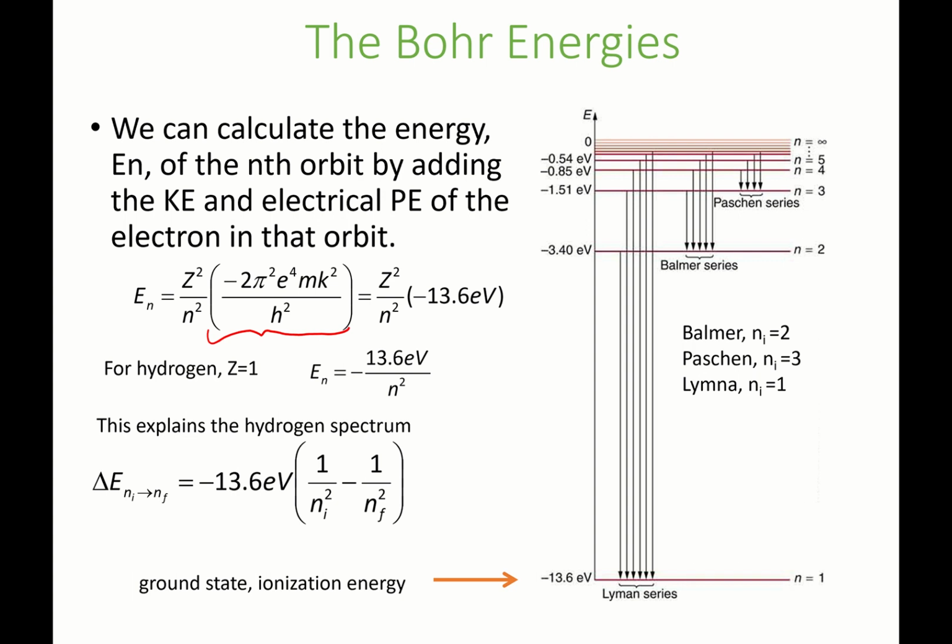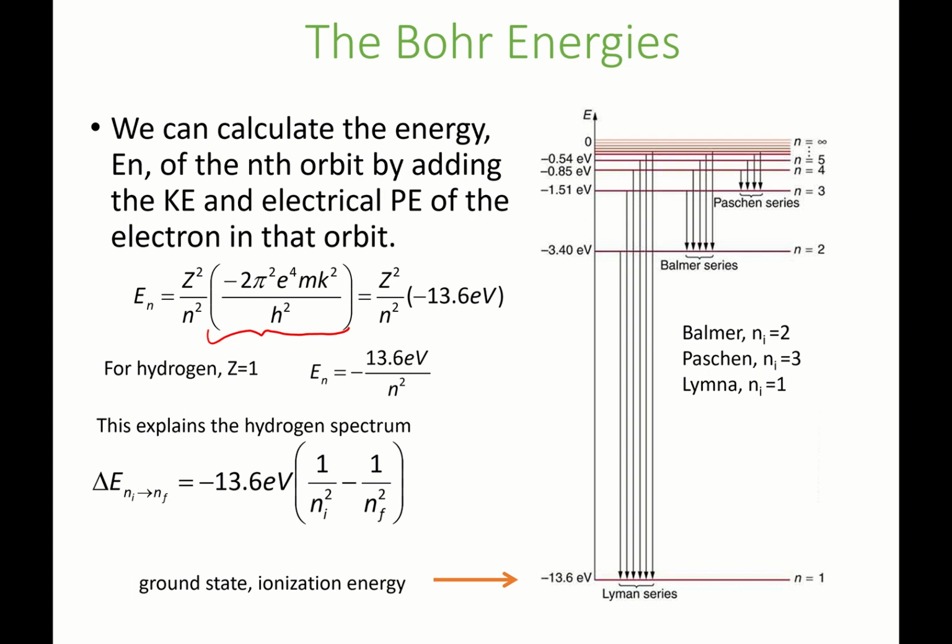So the energy of the nth orbit is Z squared over n squared times minus 13.6 eV. You'll notice that the energies of the orbits are all negative. The lowest orbit has the most negative energy, and as we go up to n equals infinity, we approach an energy of 0.